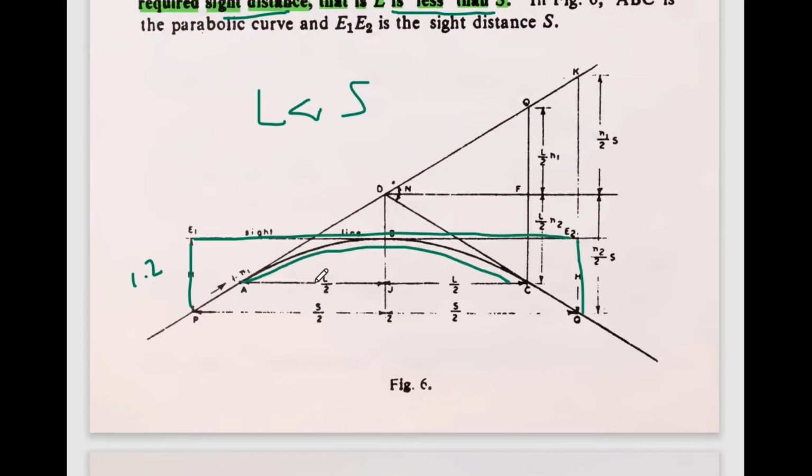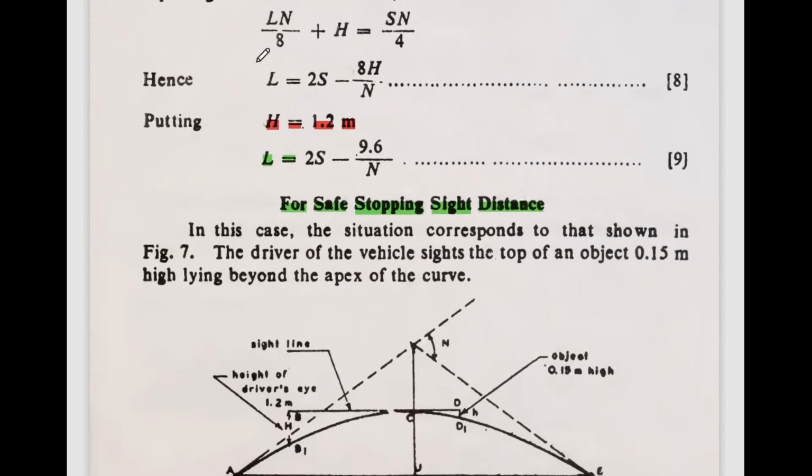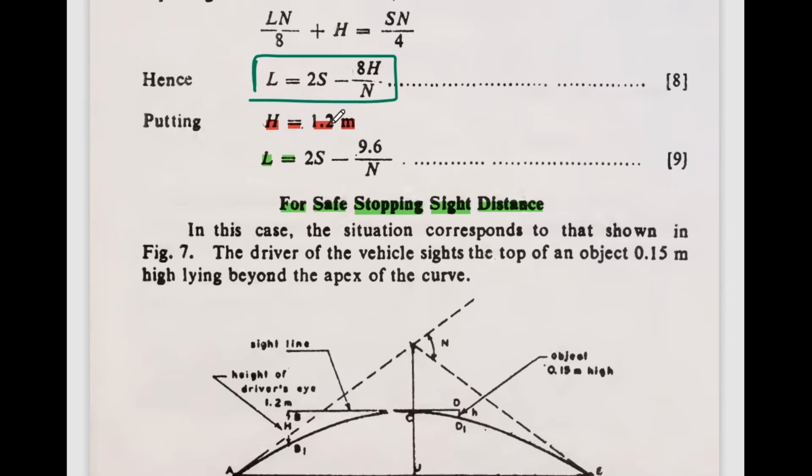That means this is the length of curve which we have to find. So the formula in this case turns out to be L equals 2S minus 8h upon N. If we put the value of h as 1.2, then we get the final formula for L.